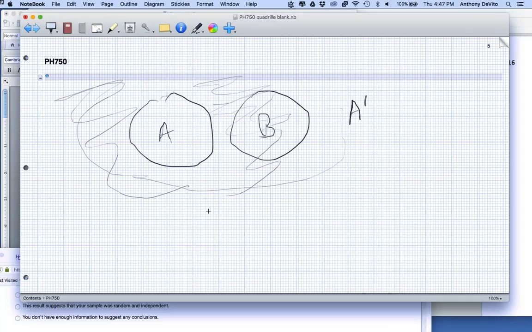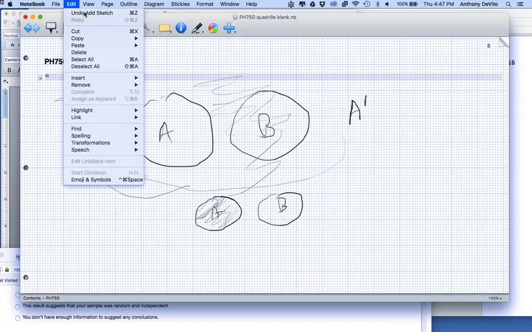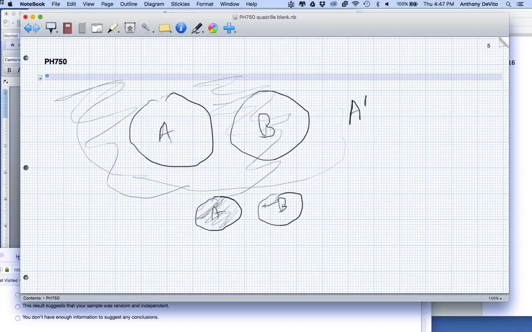So if I showed you a Venn diagram and I shaded the areas I was interested in, what would we have here? We'd have A, right? Probability of being A, whatever A stands for, diabetic, let's say. Okay, what about if I just shaded this part and not this part?